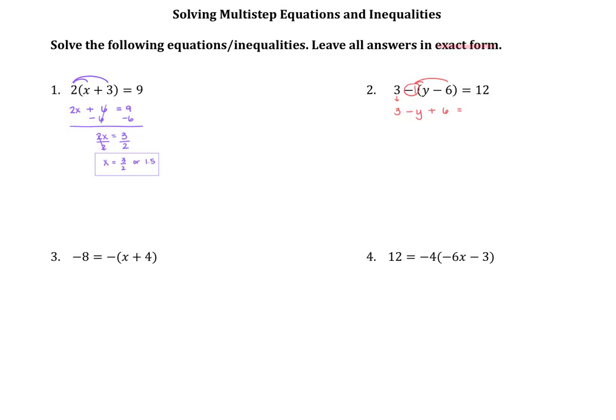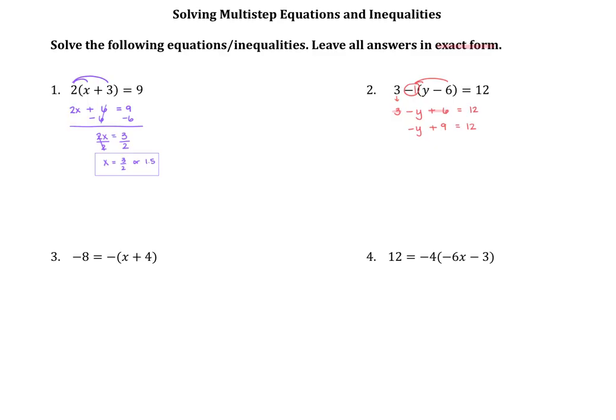I need to take that a step further and simplify by combining like terms. So in this case, I have a 3 and a +6 that I can combine together. So that would leave me -y plus 9. And on the right-hand side, 12 is already simplified, so I'm just going to bring that down.